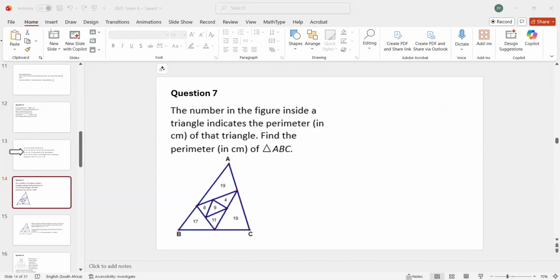All right. Now, let's try to simplify the problem and see what's going on here. By simplifying, what I mean is I draw just one triangle with another triangle inside it.